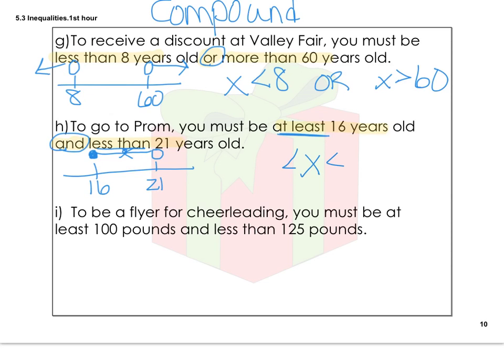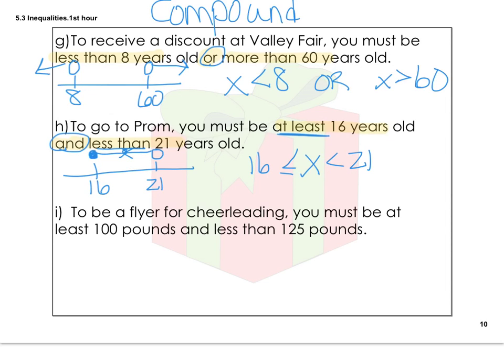If your first circle is closed, that means that first inequality has the equal to, and if the second one were to be closed as well, you would put a line underneath there as well. And then you just put your smaller number first and your bigger number second.